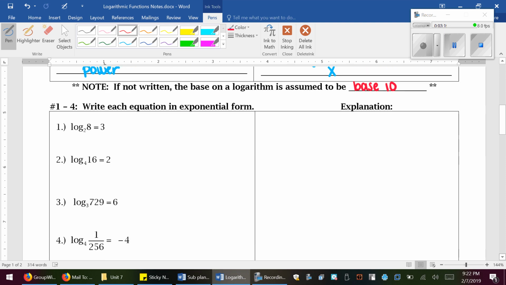So the first thing we need to do is practice switching back and forth between the two forms. So this is read as log base 2 of 8 is equal to 3. We said we're going to start with the base of 2.